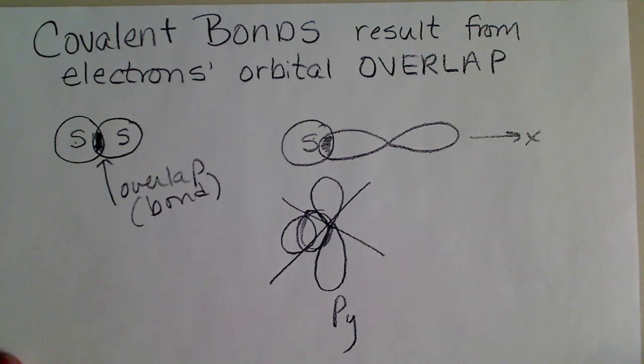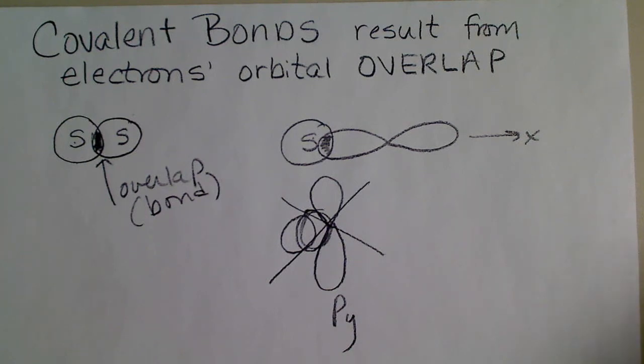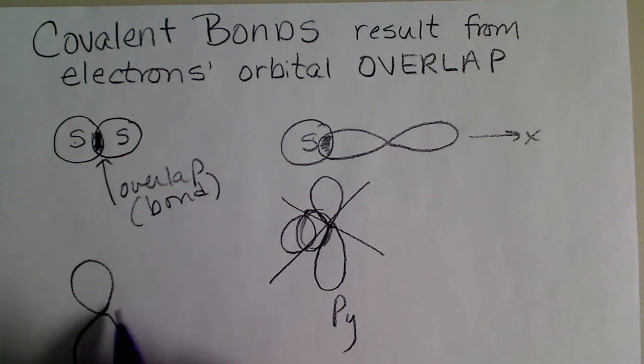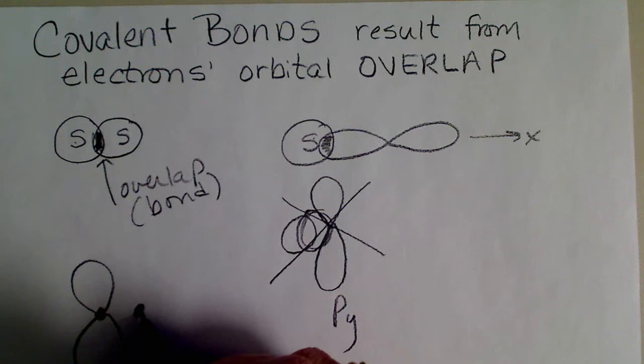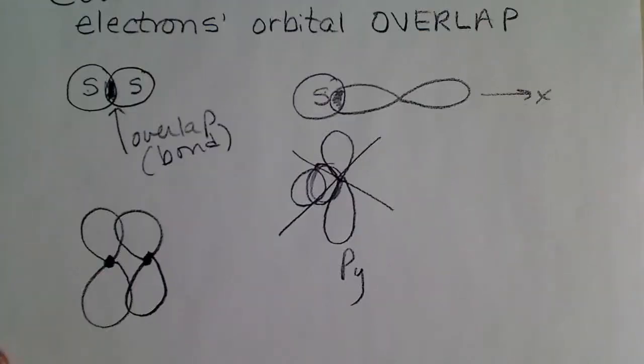And what we're going to look at is a new theory that describes identical bonding that we see in molecules. And I'm going to go ahead and mention this here. If we have two p orbitals, if this was the nucleus of one atom and the nucleus of a second atom, the p orbitals can overlap in this fashion.